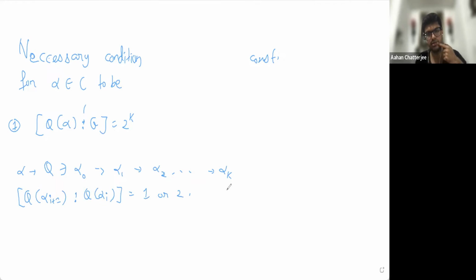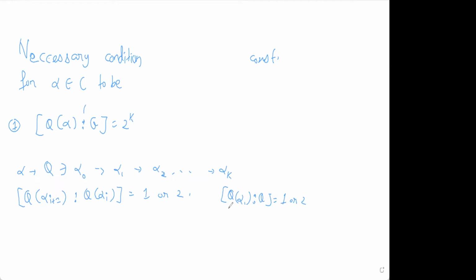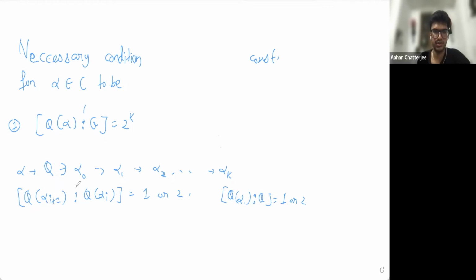So to prove this, do we see why it just suffices to show that [Q(alpha_1):Q] is 1 or 2? That is, it just suffices to show this for the first step. Is that fine with everybody? Can you repeat a bit of this?